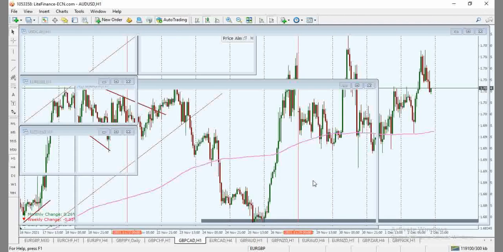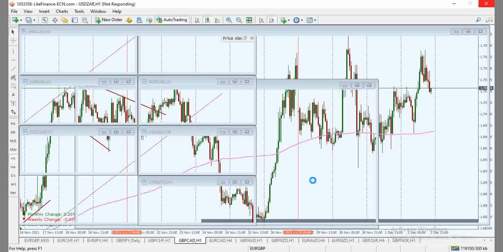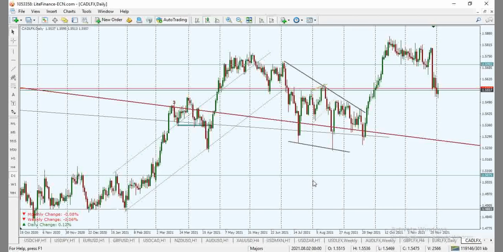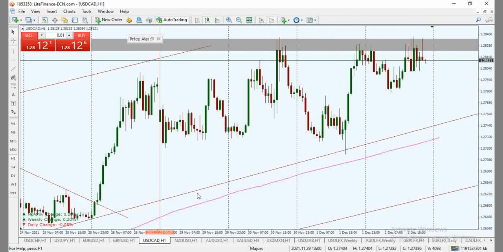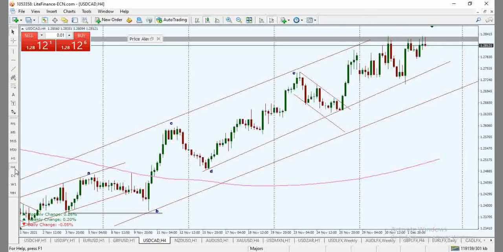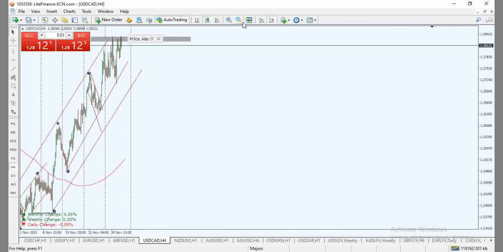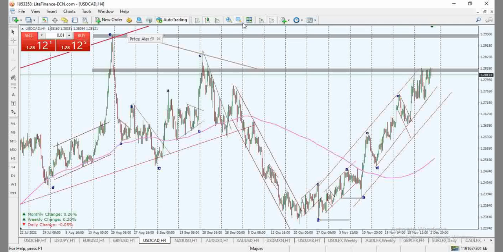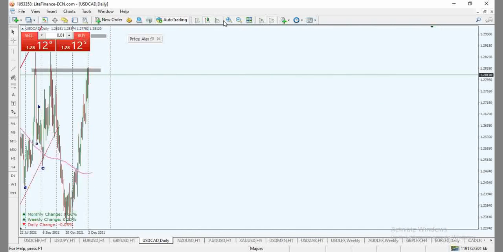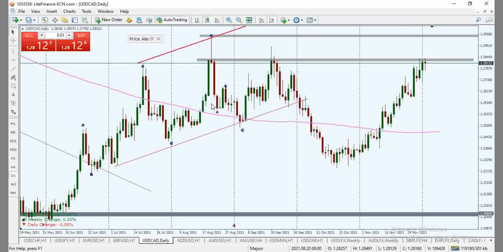Let's go ahead and start with USD CAD, because it's a major currency, and I love it the more because it's also one I love trading. Tomorrow we're having CAD news coming in, and we are in a very important structure, around the price territory of the September high and also testing the August high.